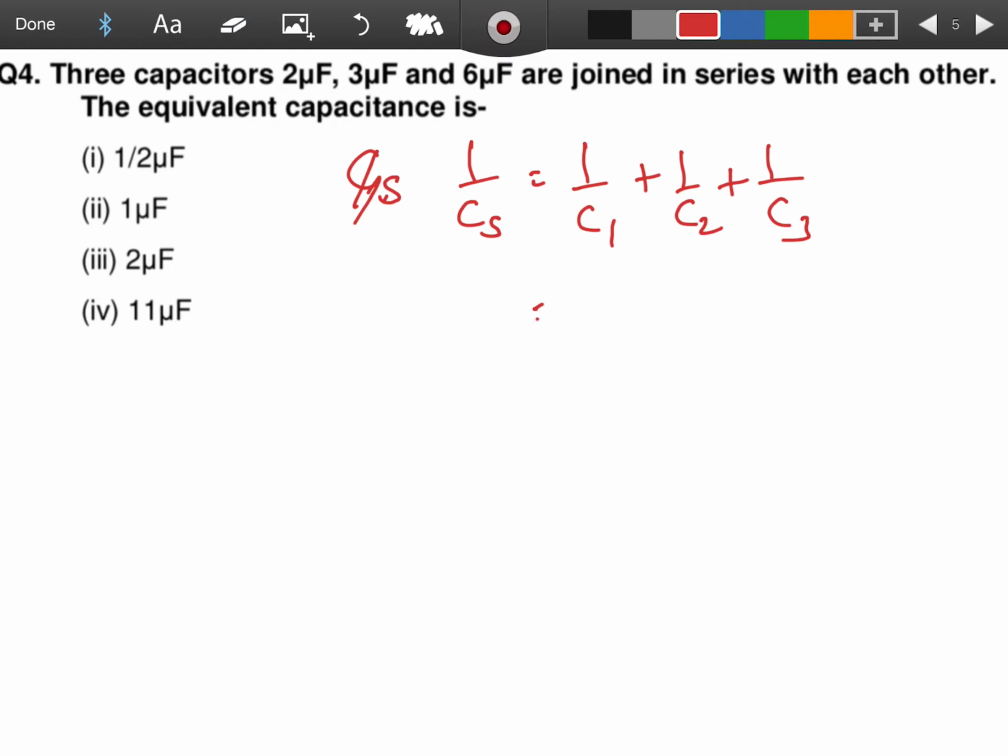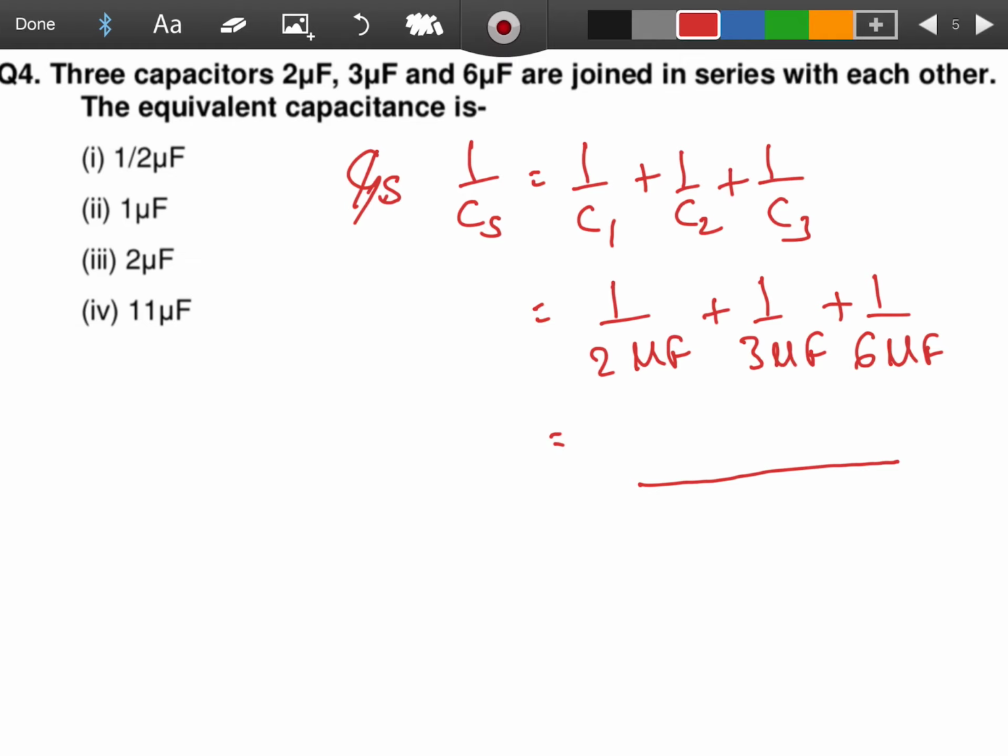So, again 1 by 2 microfarad plus 1 by 3 microfarad plus 1 by 6 microfarad. So, what will you get? LCM is 6 microfarad.